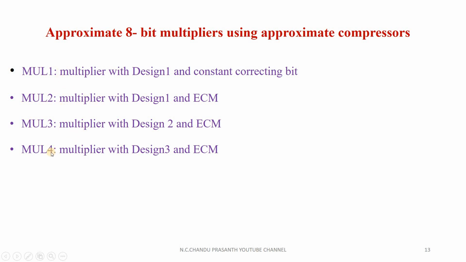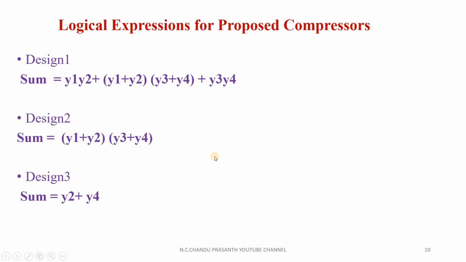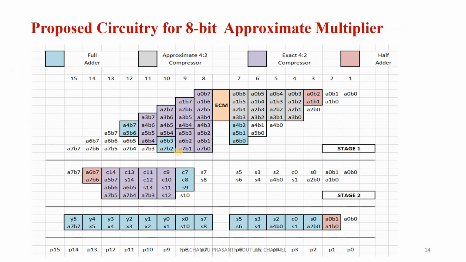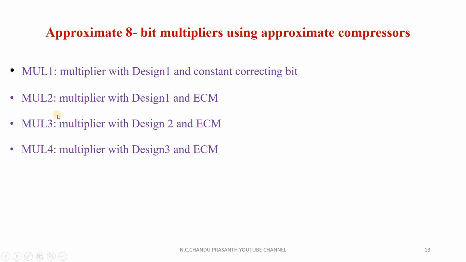We are proposing 4 different kinds of multipliers. The first is an 8-bit multiplier with design 1 and without the error correcting module. The second is an 8-bit multiplier with design 1, but here we have an error correcting module. Another is a multiplier with design 2 and the error correcting module. Another is a multiplier with design 3 and the error correcting module. So we are proposing 4 different kinds of multipliers for verification purposes.